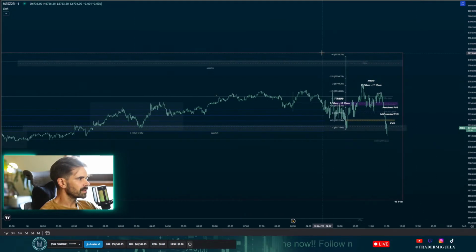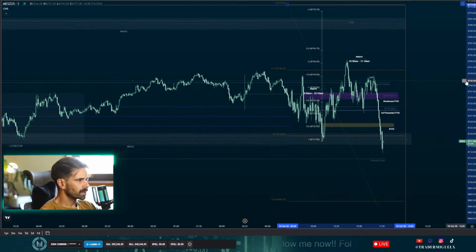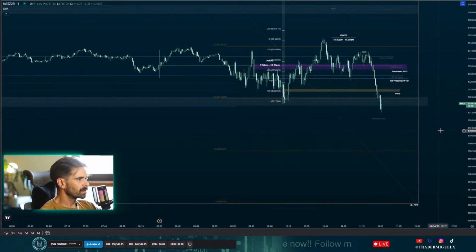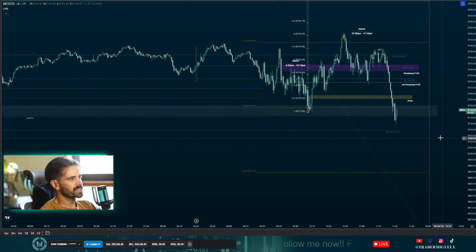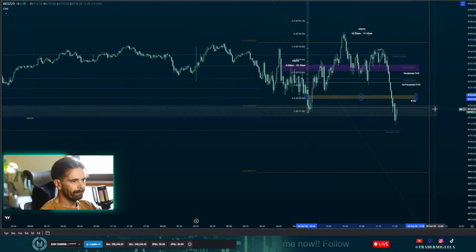I guess I deleted some of these values here. Yeah, okay. So now let's see if price can do some sort of a retrace and move a little bit lower. I don't want to see price coming above the NWOG.